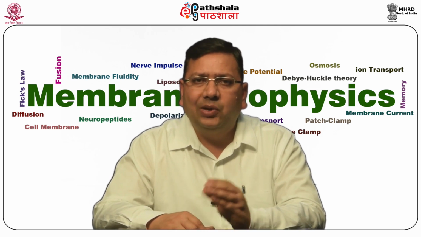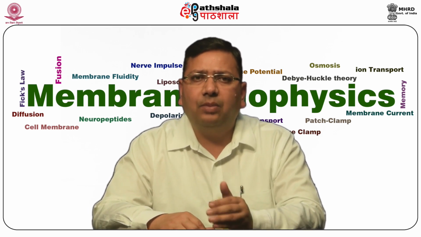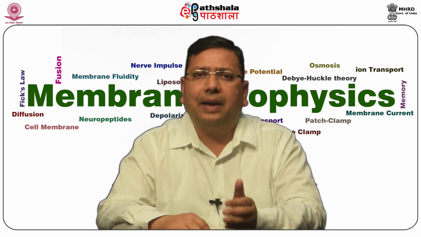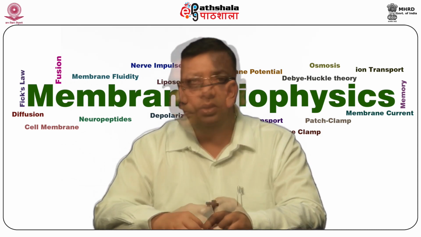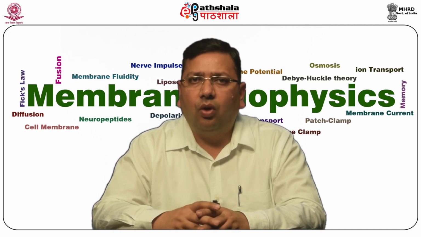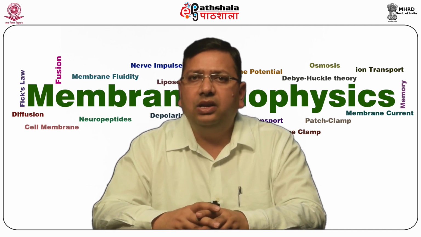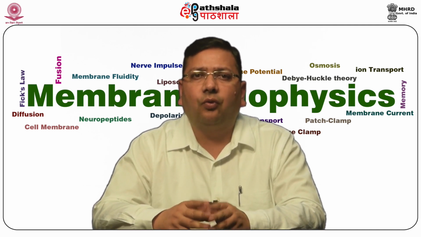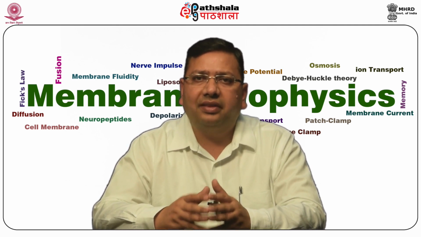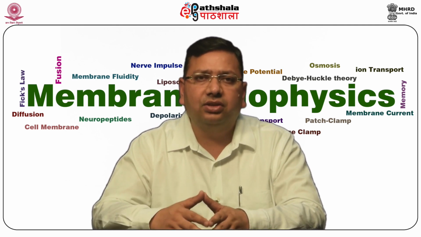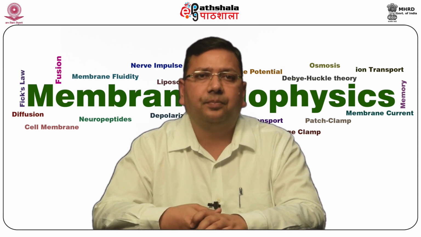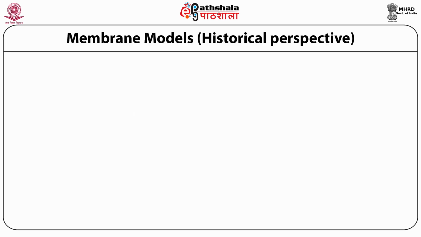The present module elucidates various cell membrane models and the Fluid-mosaic model in detail. The prime focus of the module is mainly on the different models of plasma membrane which were described by various researchers time to time. So now coming to the historical perspectives of membrane models.